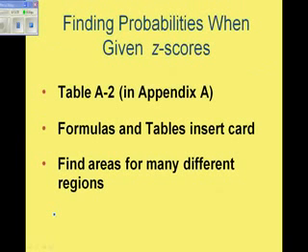Now, what the rest of the chapter is about, and what the really important section of this chapter is about, is the normal distribution. For the normal distribution, you need to know something. You need to know the mean, mu, and you need to know the standard deviation, sigma. Okay?